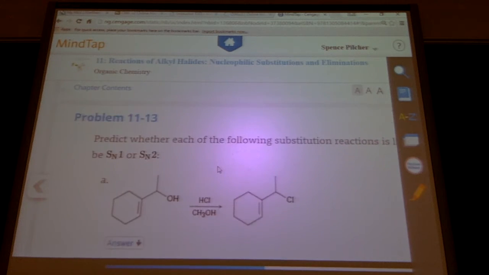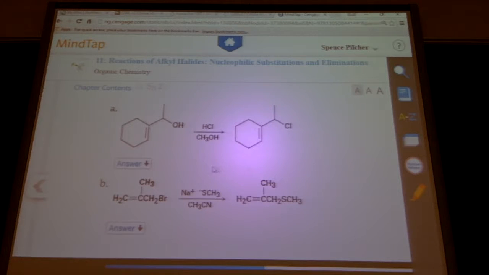So let's look at 11-13. Why do you think this one is SN1 or SN2? If I look at my substrate there, well, it's an OH group, and we saw that OH groups are not good leaving groups for SN2.